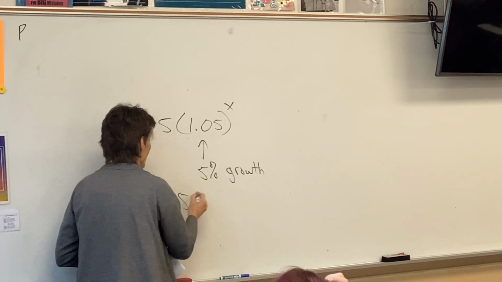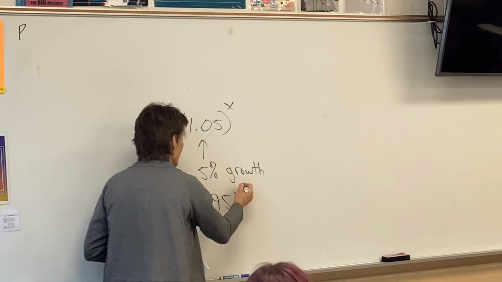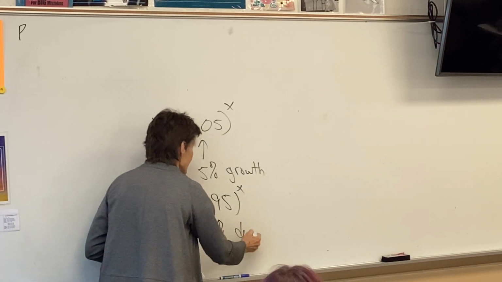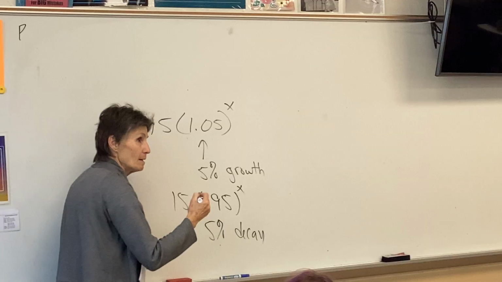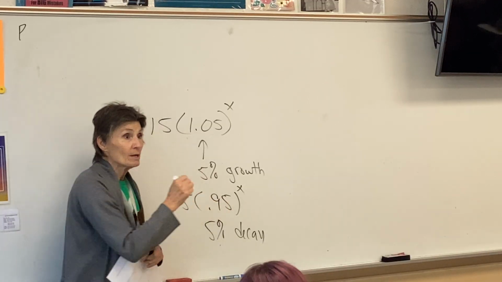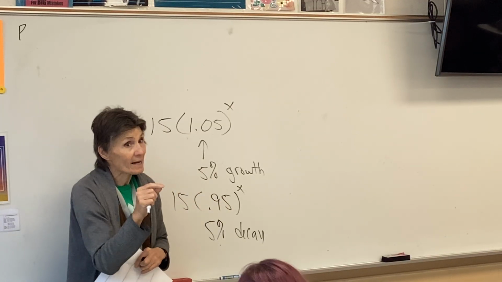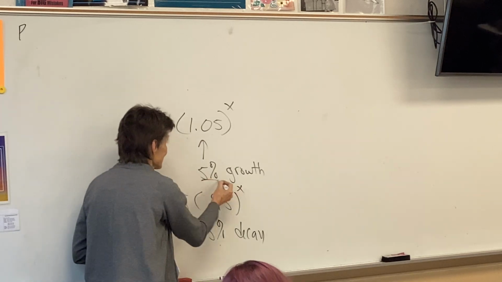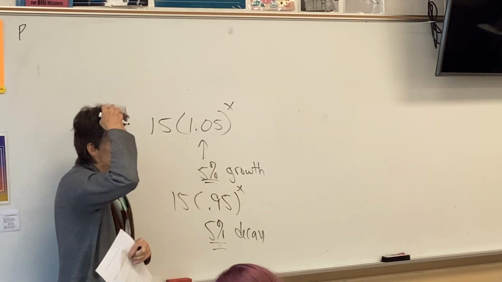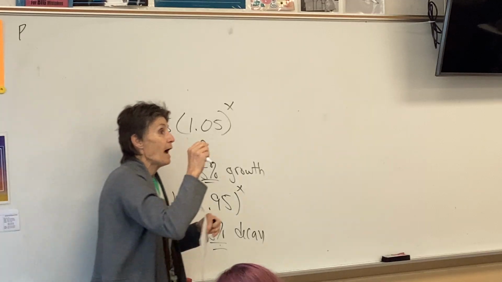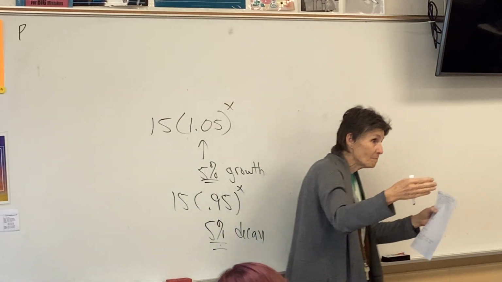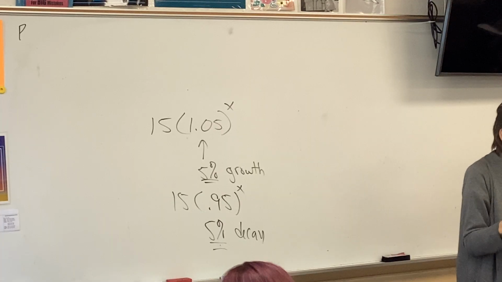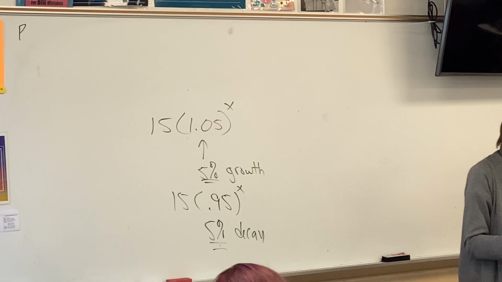If you're multiplying by 0.95, that's 5% decay, because that number is 0.05 less than 1. So when you are finding this number, you are asking yourself, how much bigger than 1? How much less than 1? Got it?